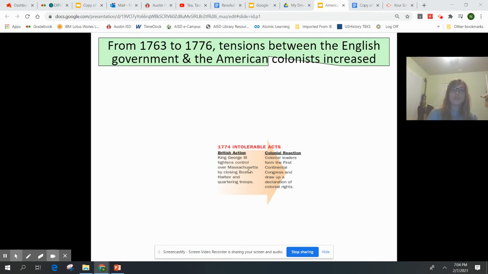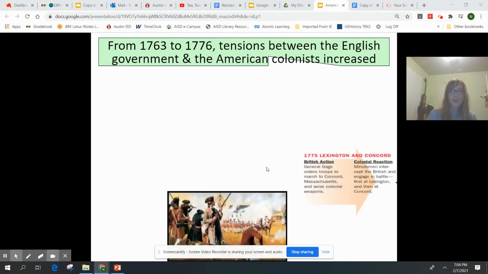And so this is where the British are going to send even more troops over to the 13 British colonies. And they are also going to force the colonists to harbor or house the British soldiers.